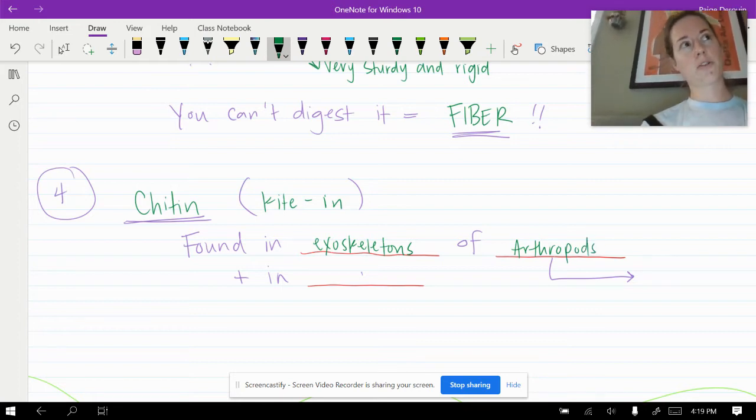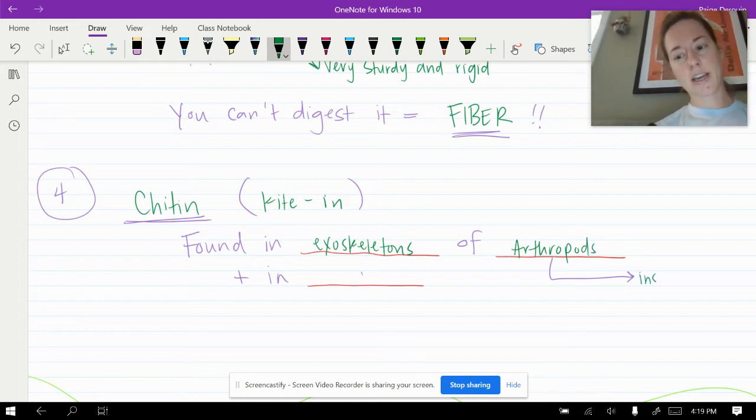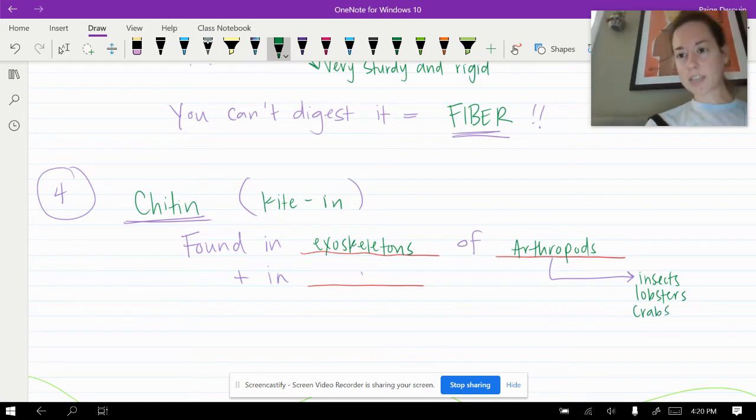Arthropods are things like insects, lobsters, crabs, scorpions. It's actually arthropods is the most diverse phylum of animal life, which is pretty interesting. And it's also found in fungi. We don't really use chitin, but other animals and organisms definitely do. And it's structural, it's making up their skeleton.